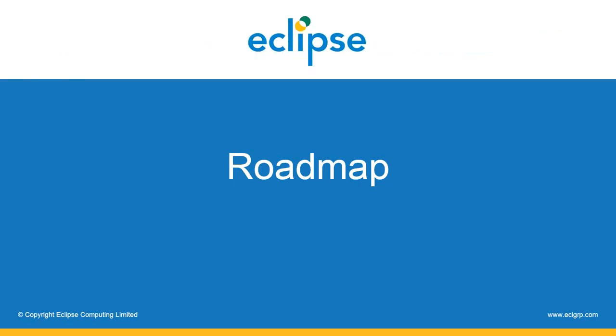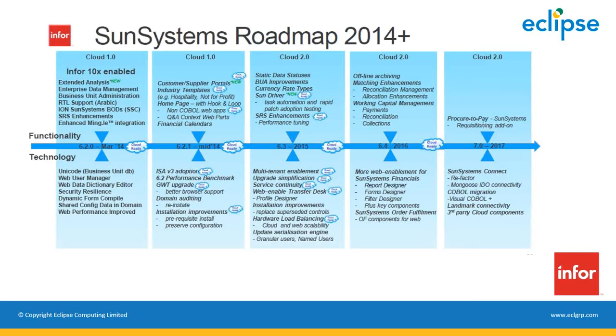So one thing I forgot to mention, one of the questions we often get is, what's happening with the SunSystems roadmap. This is not set in stone, but it's really just to give you an idea of where Sun is going over the next couple of years. Obviously we're at the beginning of this roadmap at the moment. March 2014, the first 6.2 release.